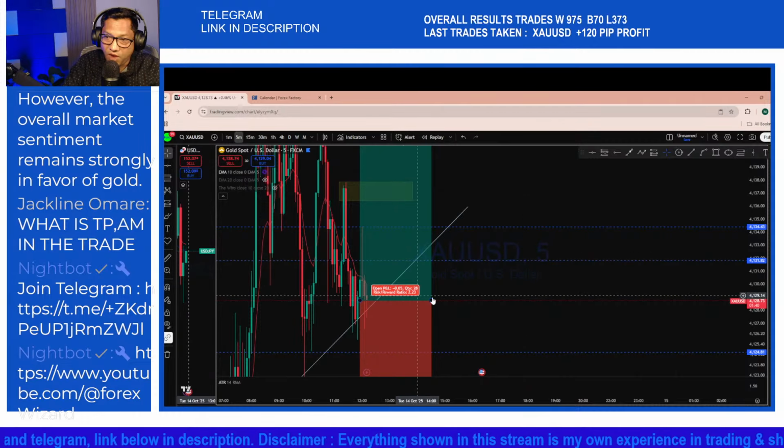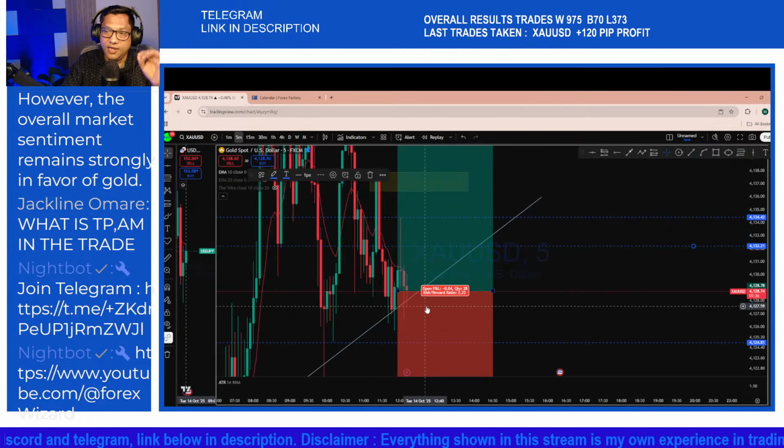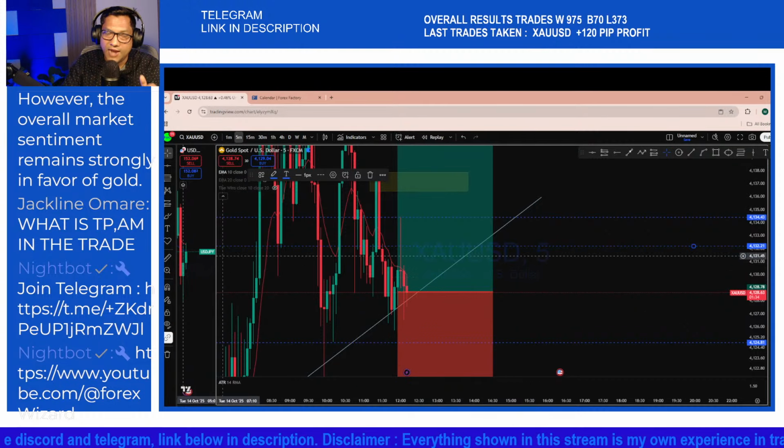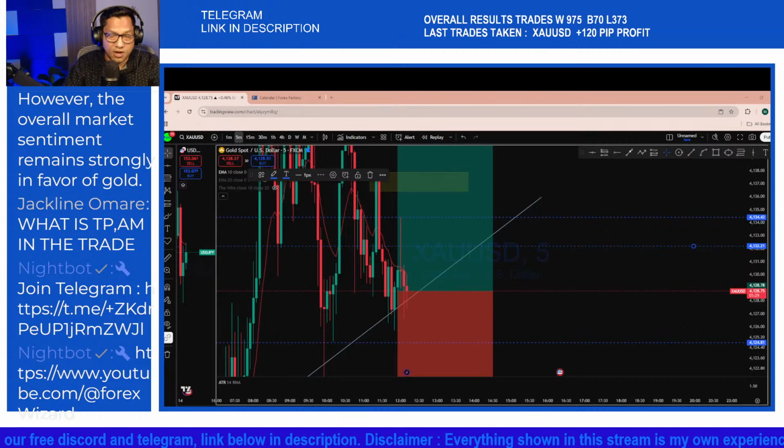So this 5 minute candle, you guys can see that the current 5 minute candle we would like to see closing in that support level. So what's your opinion on the current gold price action?